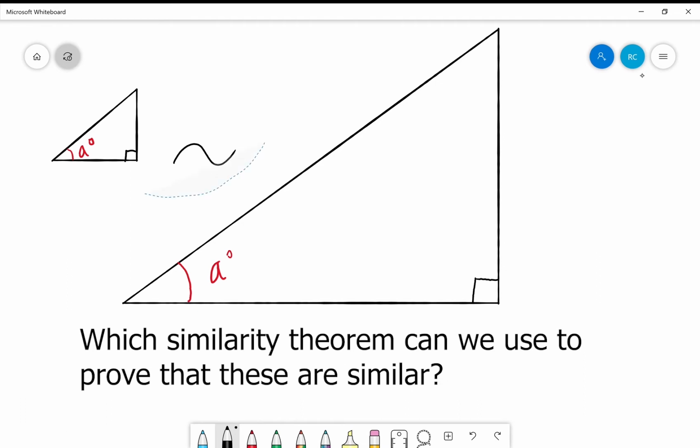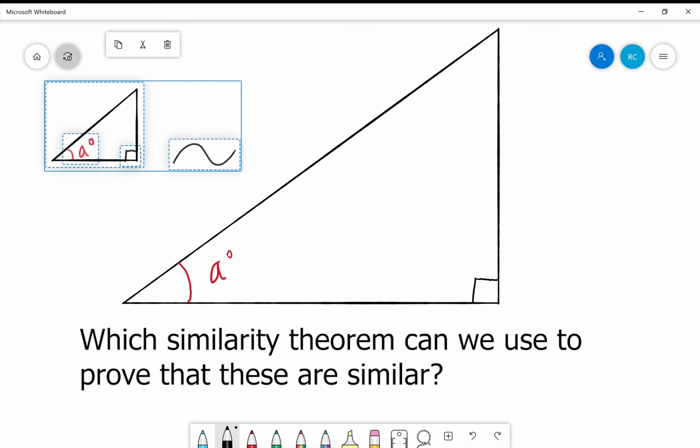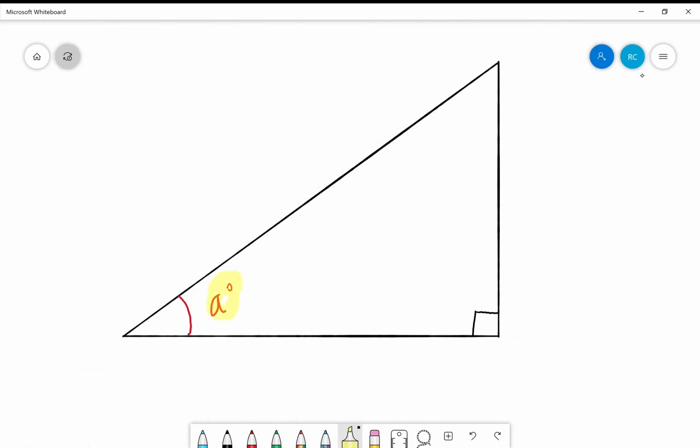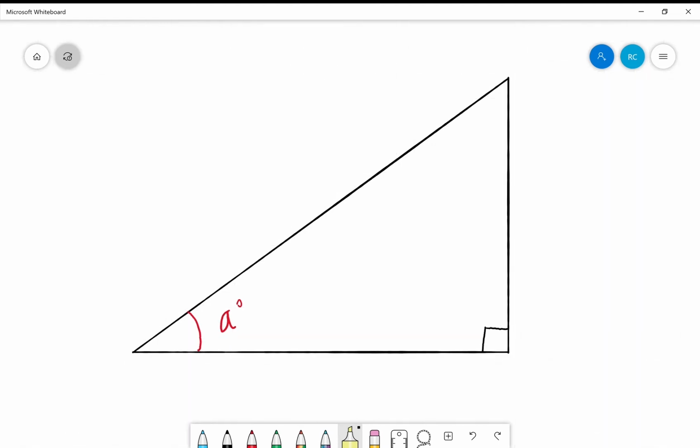So any proportions that we find will work for any right triangle with this A degree angle. Okay? Now, we don't know what they are, obviously, because we don't have any numbers. But these ratios are so commonly used and so useful that we gave them names.